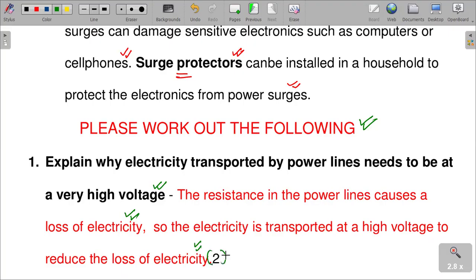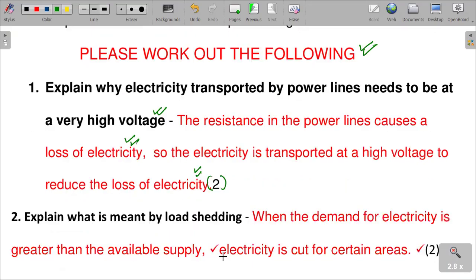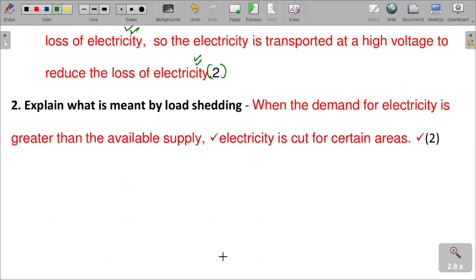When electricity is transported, it needs to be at high voltage in order to ensure that when there is resistance, and some power is lost, we can account for the loss of electricity that might arise.